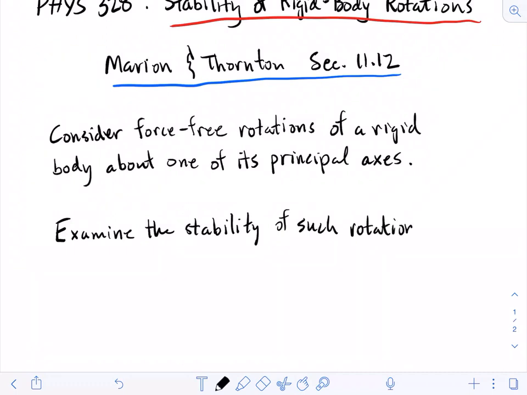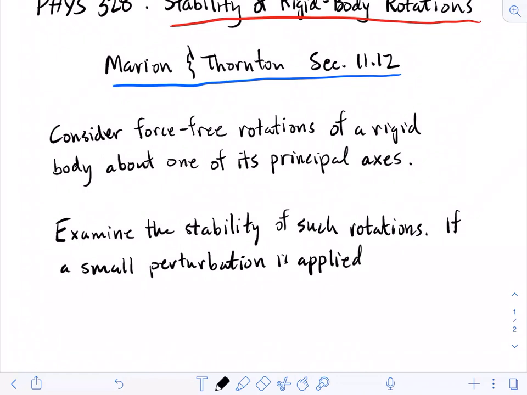In particular, if a small perturbation is applied to, say, the omega vector, the angular velocity, what happens? So let's imagine we're rotating around one of the principal axes, say the first one, so that omega is just equal to omega 1 in the E1 hat direction.